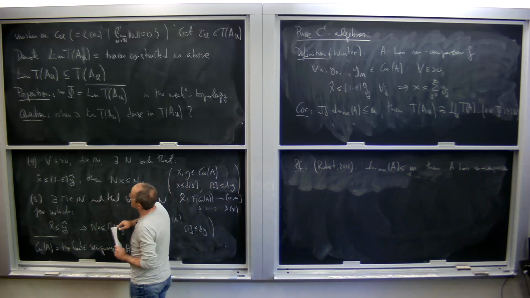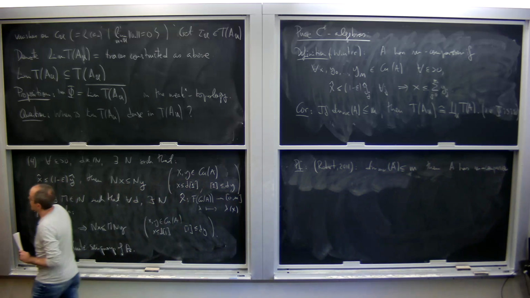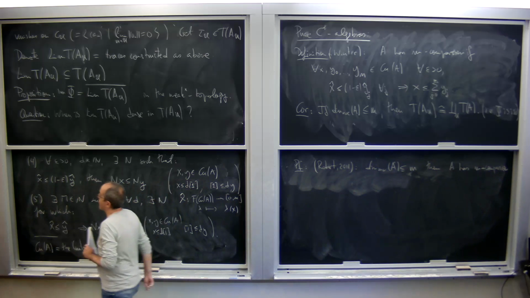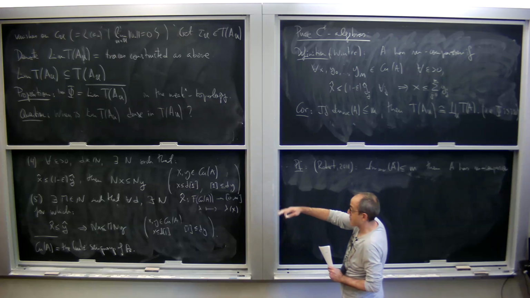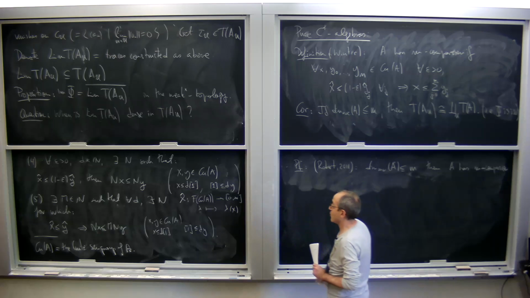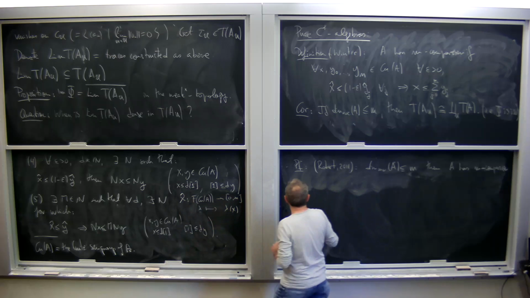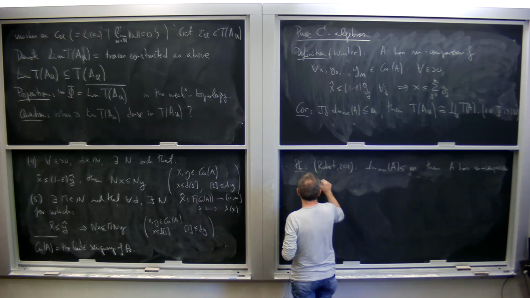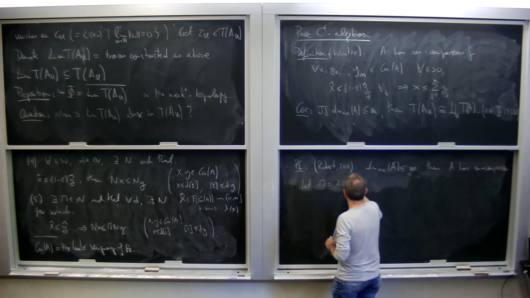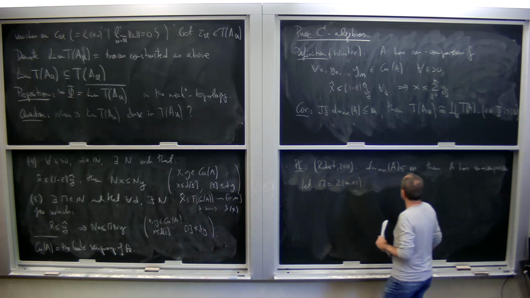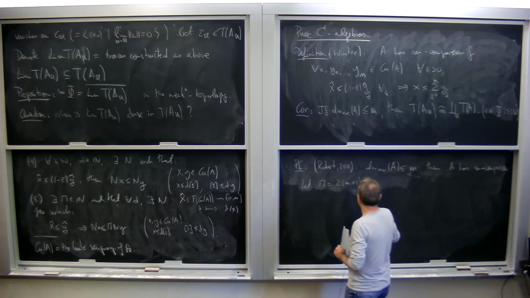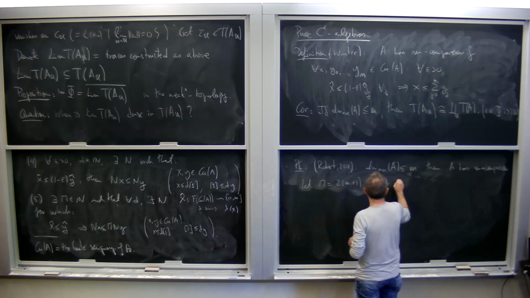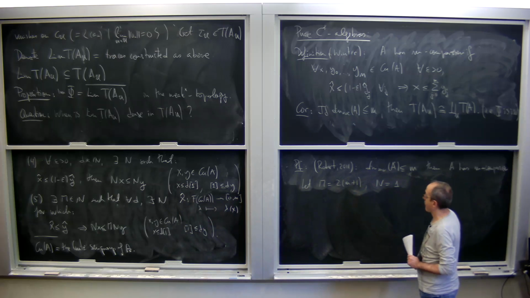In order to see that we have the isomorphism, we need to verify one of the conditions. So we fix this M, and now we let M be 2 times M plus 1, which is something fixed, and we let N equal 1.